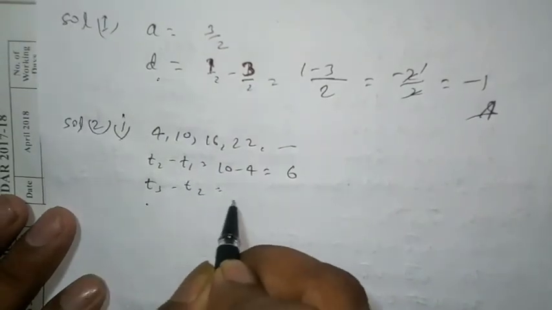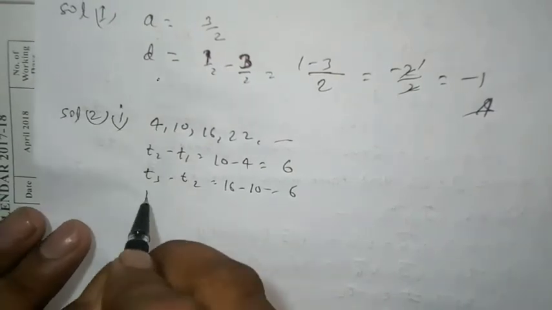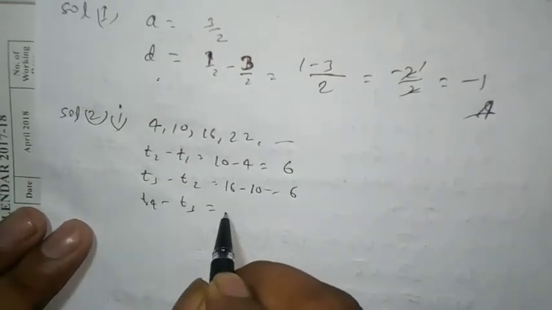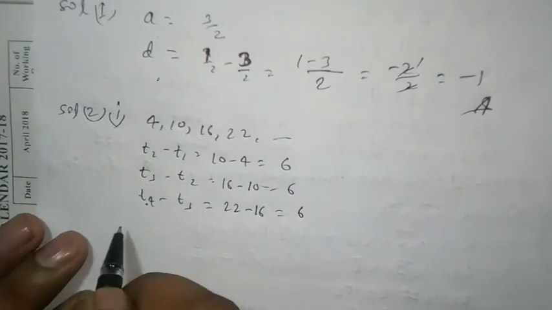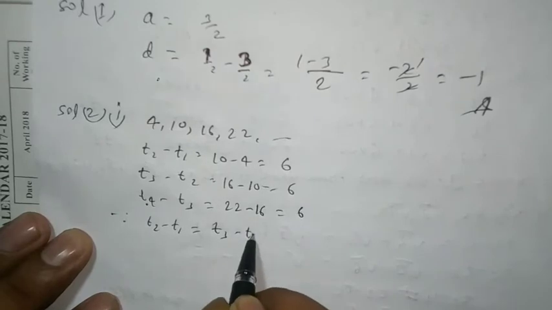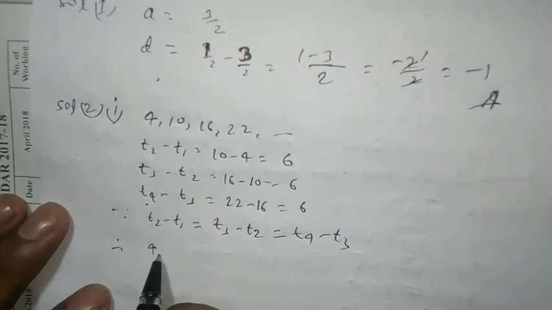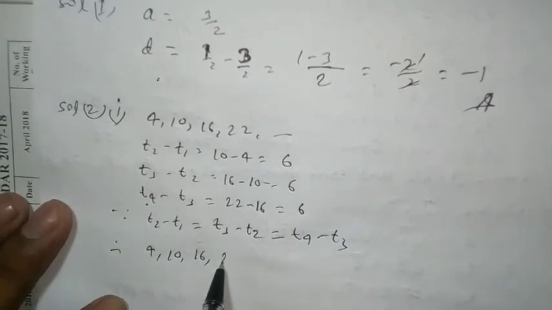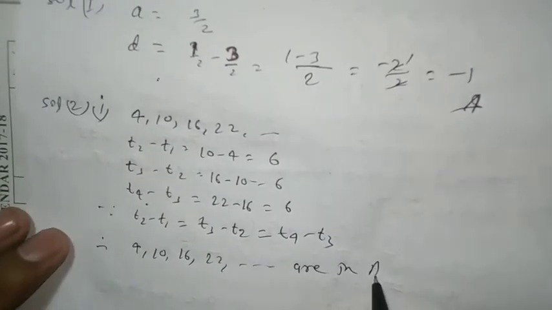T3 minus T2 is equal to 16 minus 10 is equal to 6. T4 minus T3 is equal to 22 minus 16 is equal to 6. Because T2 minus T1 is equal to T3 minus T2 is equal to T4 minus T3, therefore 4, 10, 16, 22 dot dot dot are in AP.